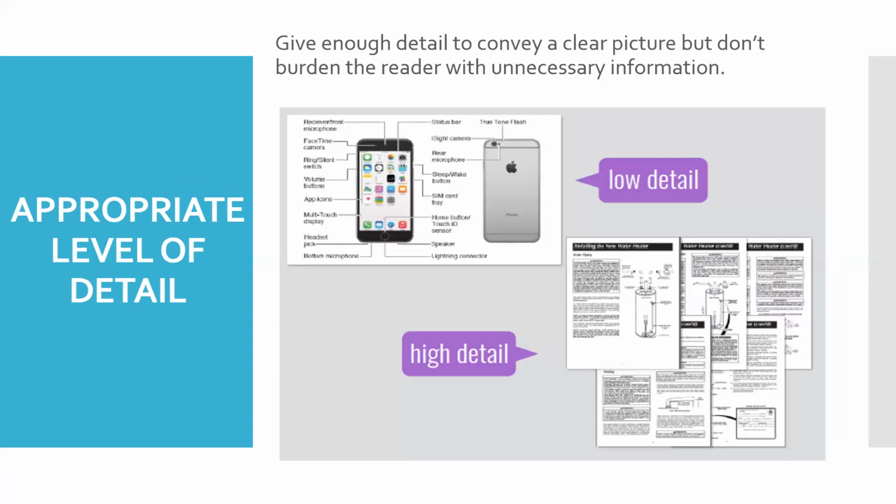Now see here again, we have got two examples. One where you have a little less detail, and the second one where you have an overflow of details. In the first picture, they have just labeled the parts of the phone, and in the second picture you can see there is a little detail for everything.